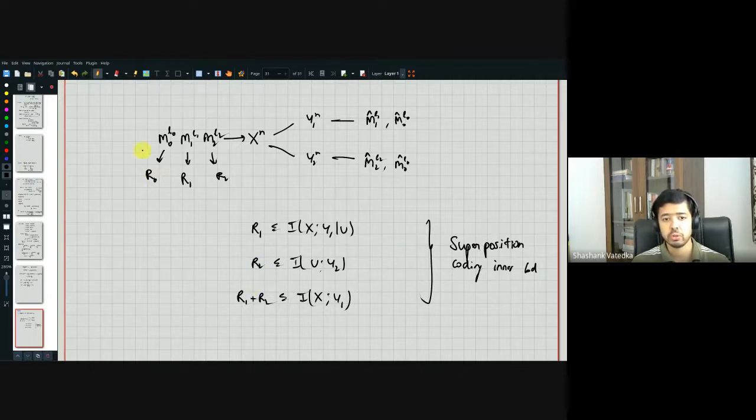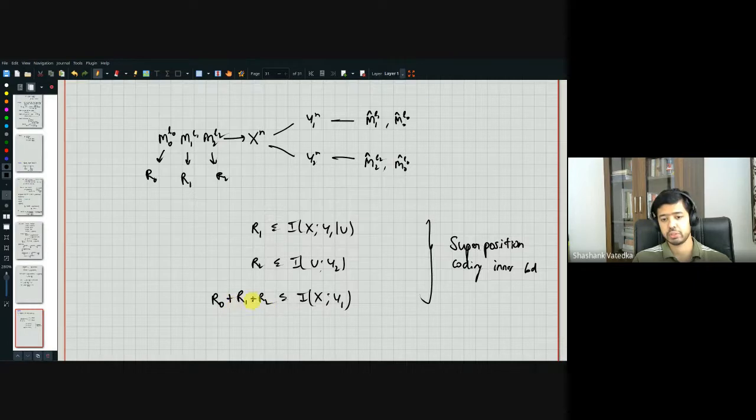If in addition both users have to decode M0, then obviously in the superposition coding scheme, you want user 1 to be able to decode all three messages. So user 1 first decodes the exact codeword, all three codewords M0, M1, and M2.